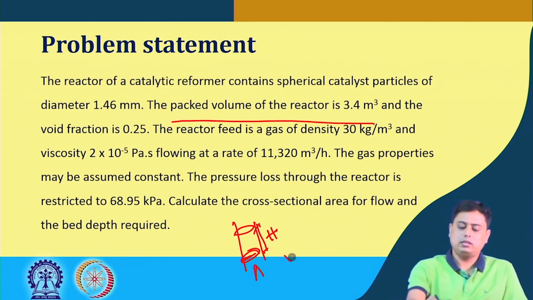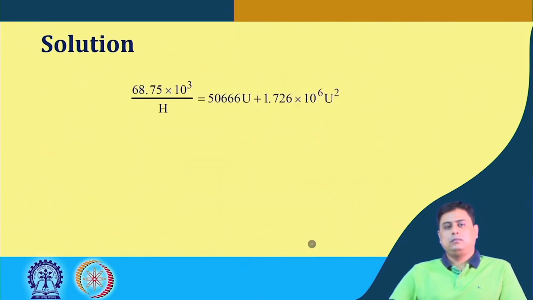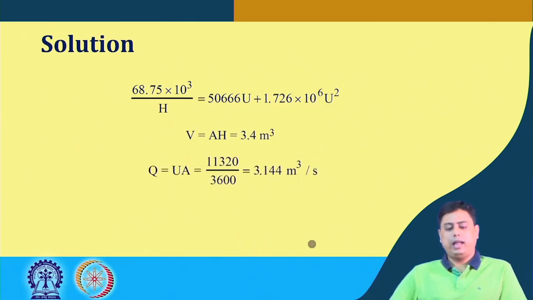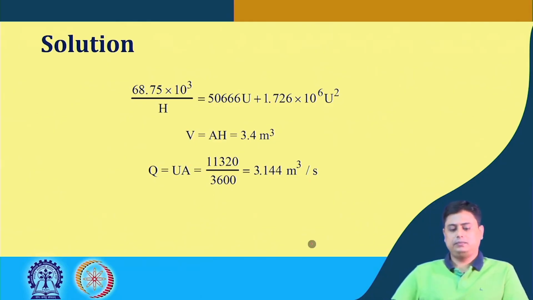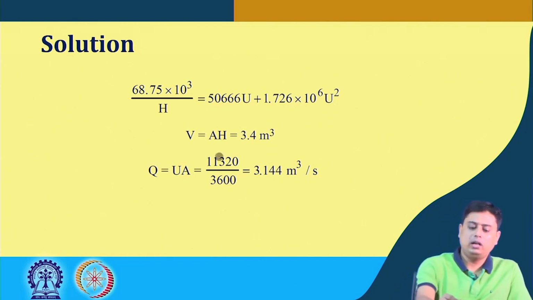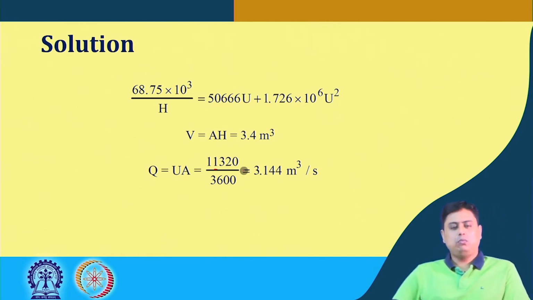The volume is AH, which is here, and this Q is also mentioned, which is 11,320 meter cube per hour. We convert it to meter cube per second.